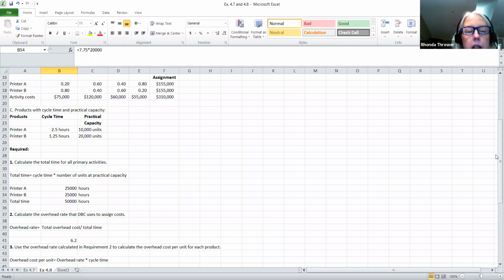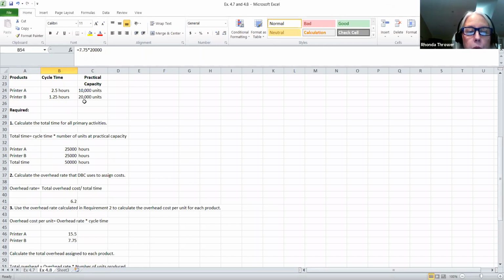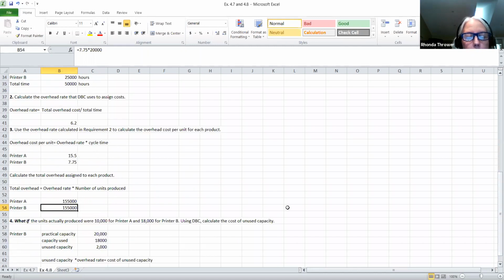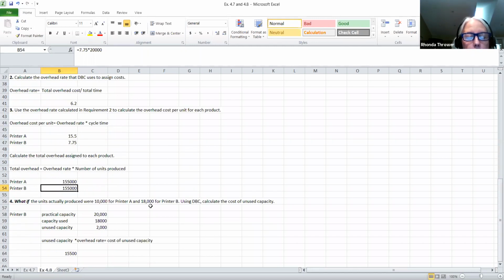But for printer B, our practical capacity was 20,000 units, but we only produced 18,000 according to our what-if analysis. So there were 2,000 units of unused capacity. So we would take the amount of the unused capacity and multiply it by the overhead rate. Now this is just for printer B, because for printer A, there was no unused capacity.